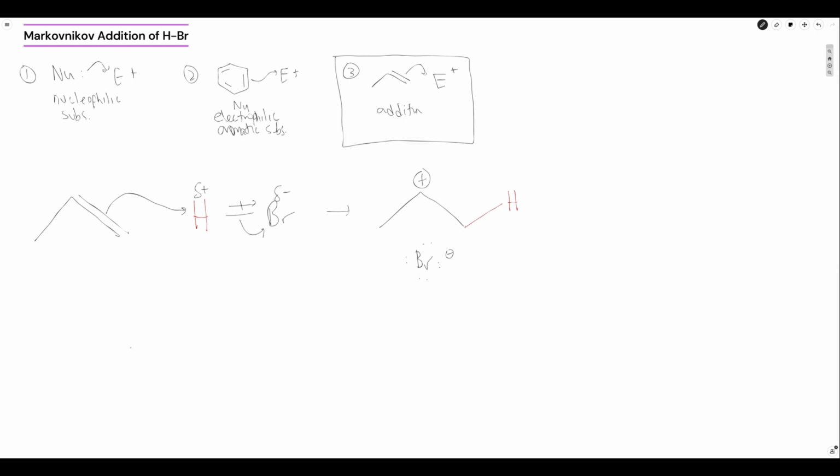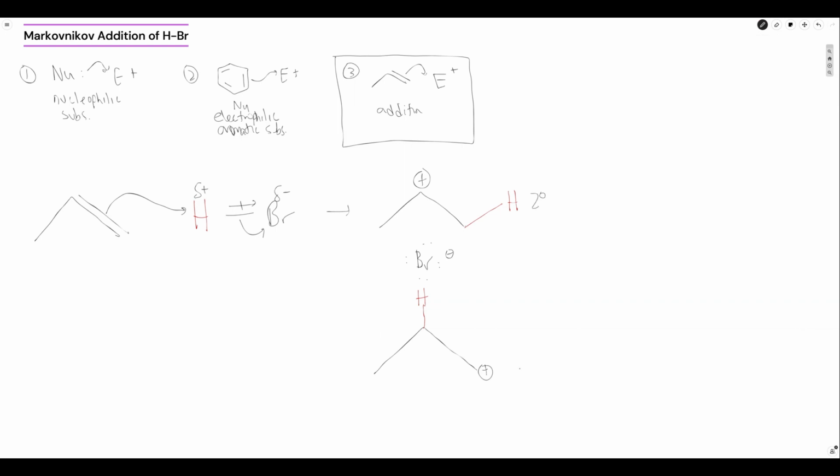Now, alternatively, we could also show the other possibility, which is, what if the H had gone to this position, right? What if, when this double bond over here attacks the proton, why can't it go here and leave behind a carbocation at this position? Well, we can think about that logically.